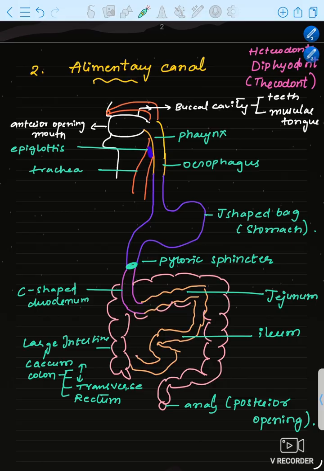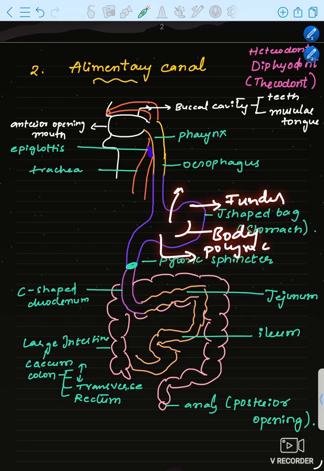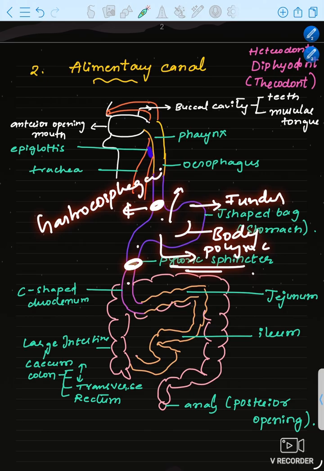These are the parts of the stomach: the fundus, the cardiac part, the body, and the pyloric part. The sphincter between the stomach and the small intestine is the pyloric sphincter, and between the esophagus and the stomach the sphincter is the gastroesophageal sphincter.